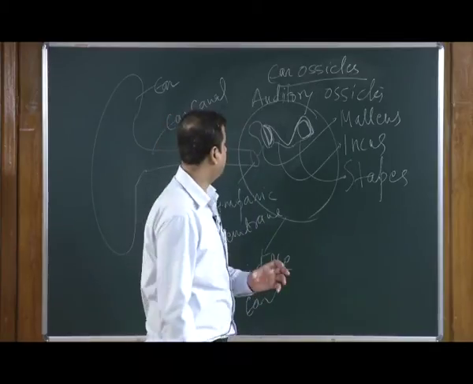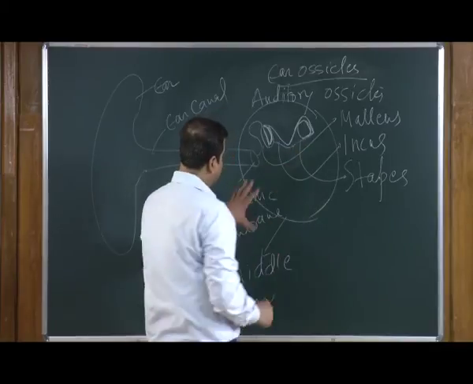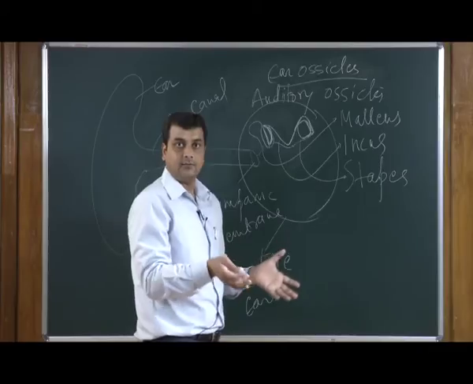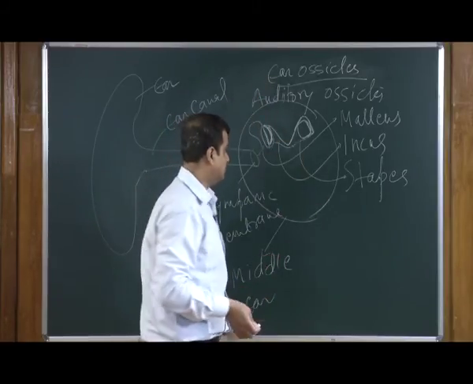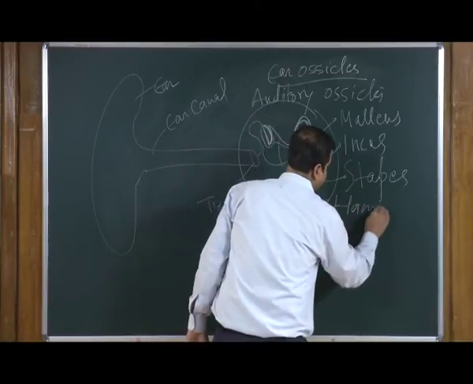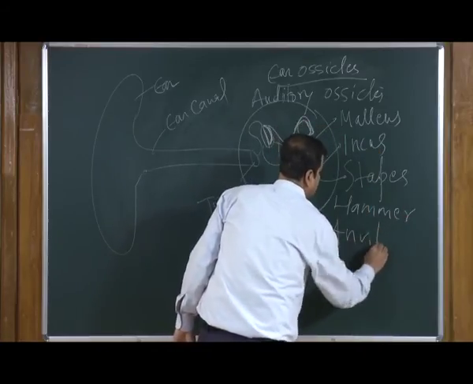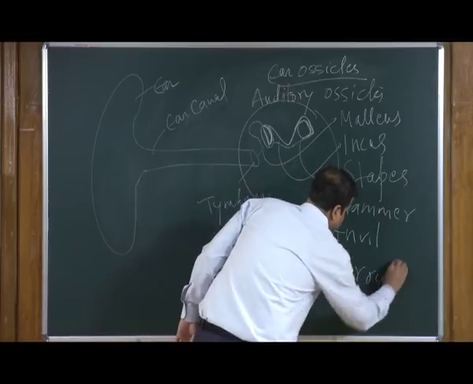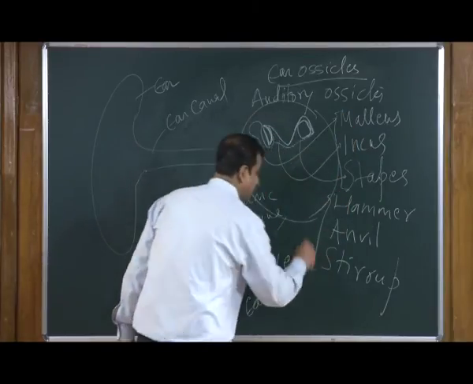So malleus, incus and stapes are the 3 bones available in the middle ear region. Collectively they are called ear ossicles, sometimes also called auditory ossicles. So shape wise, malleus is hammer shaped, incus is anvil shaped, and the stapes is the stirrup shaped structure. So these are the three bones and these are the three structures.